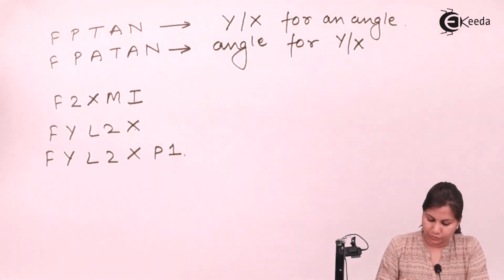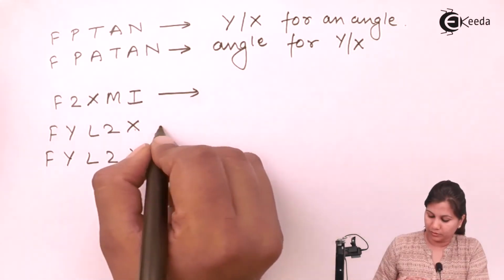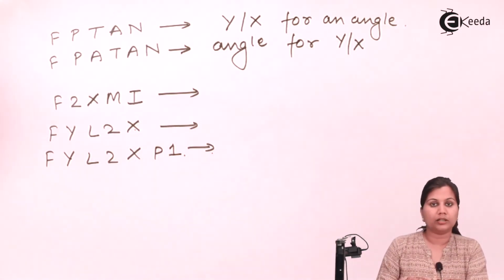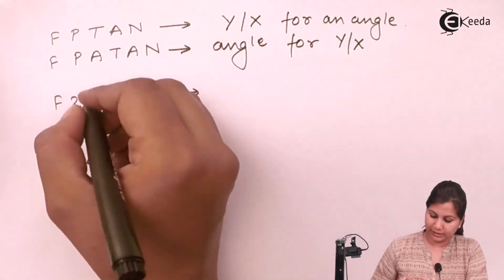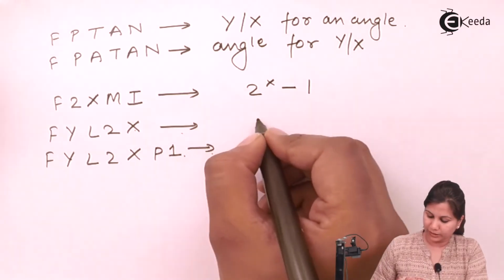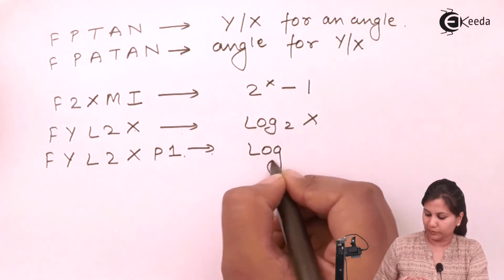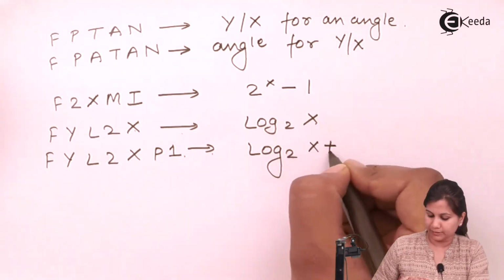So these instructions are the exponential instructions. They calculate 2 raised to the power x minus 1, log to the base 2 of x, and log to the base 2 of x plus 1.